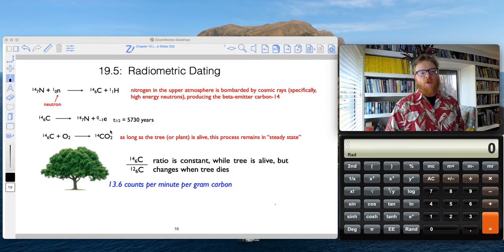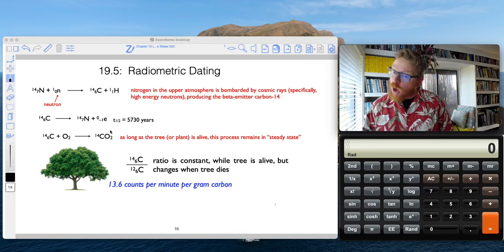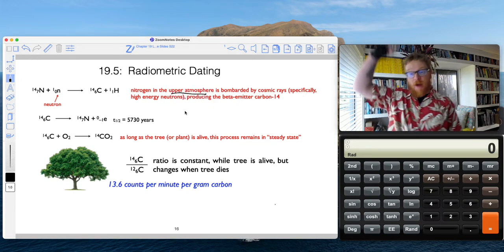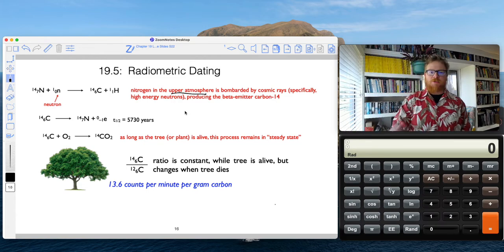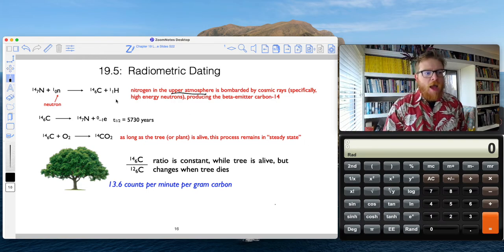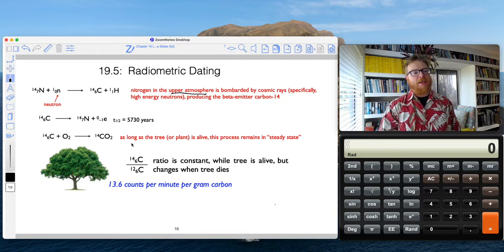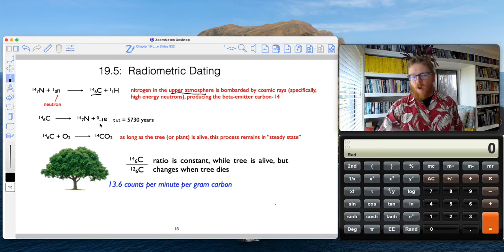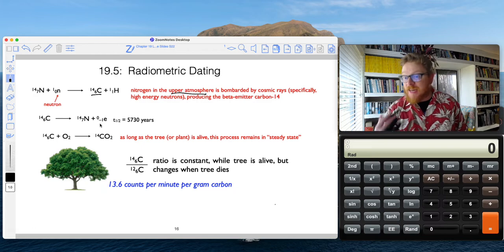Carbon dating starts with nitrogen in our atmosphere, specifically in the upper atmosphere, way up there at the edge of space, being bombarded by cosmic rays. Through this process, we create unstable carbon-14, more than what would be present naturally.